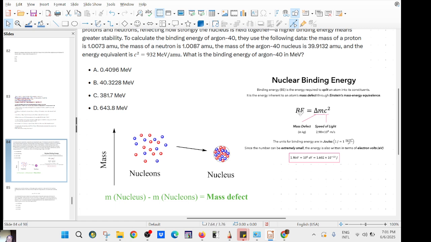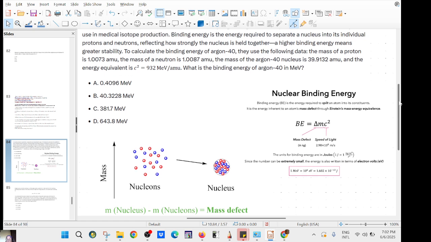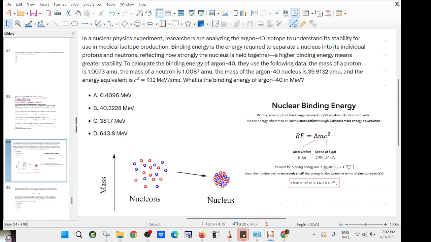And again, if this is in joules, then the mass will be in kilograms, and c will be the speed of light. If instead you are using eV, MeV, then the mass will be in atomic mass units, AMU, and then c squared is just the factor, which is 932.